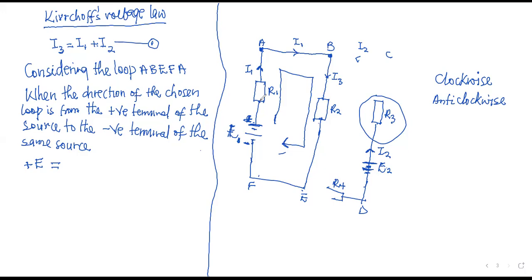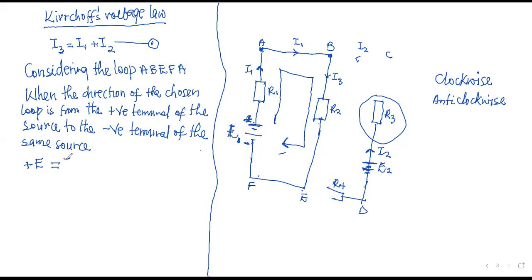And the PD across a resistor is negative if the direction of current through that resistor is against the direction of your loop. So per that rule, the PD across R1 will be positive.